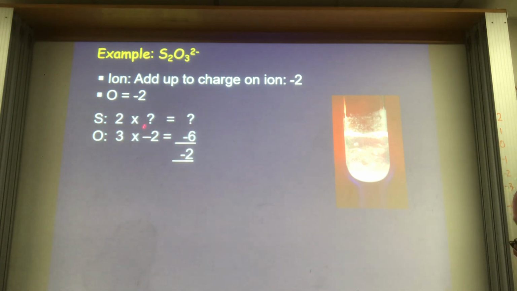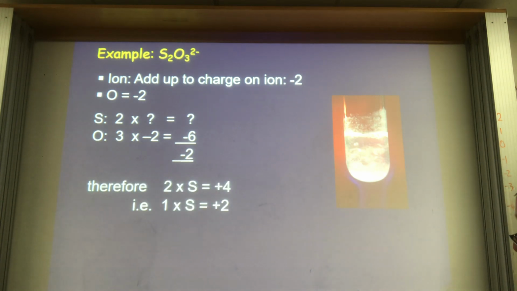This time we've got 2 sulphurs, we don't know what they are. The 3 oxygens give us -6, adds up to -2. That means the 2 sulphurs have to be +4. Each individual sulphur is going to be +2. So that's how we write it.